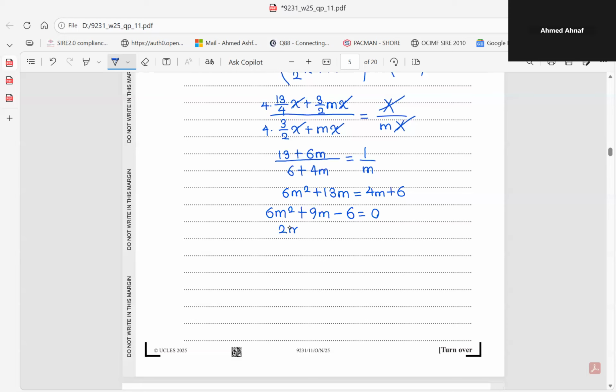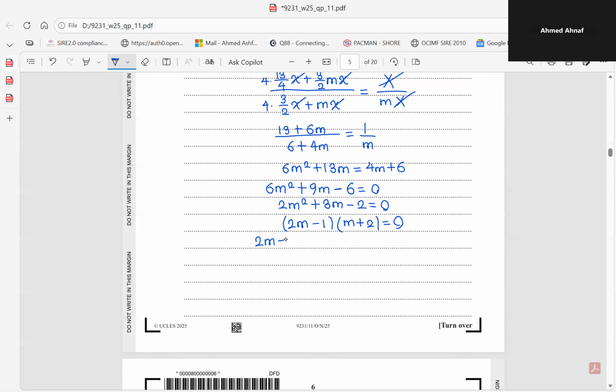So you get 2m squared plus 3m minus 2 equals 0. Yeah, and try to factorize or use the quadratic formula. Okay, so you get 2m minus 1 times m plus 2 equals 0.